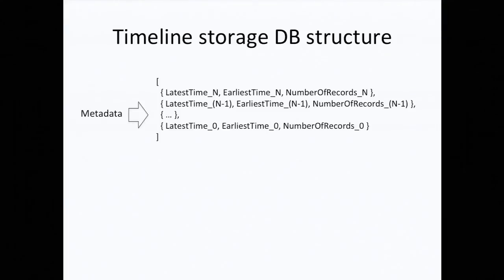The metadata of each blob contains the timestamp of the latest update in the blob, the timestamp of the earliest update in the blob, and the number of updates in the blob. Now, if a time range query comes in for a timeline, we just read the metadata information, find the blobs which satisfy this time range request, and then read those blobs from the database.